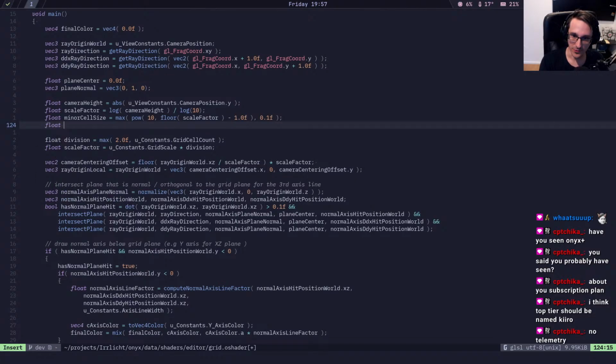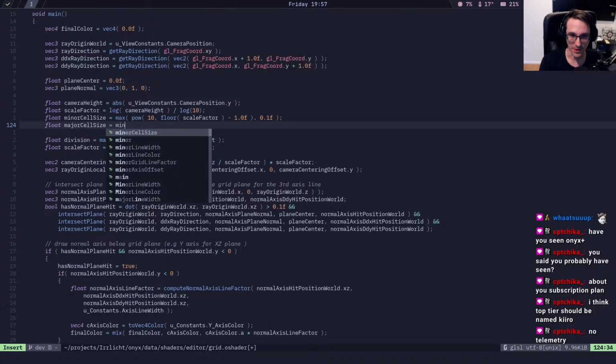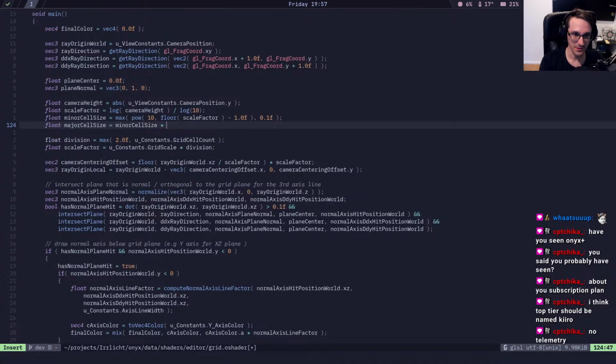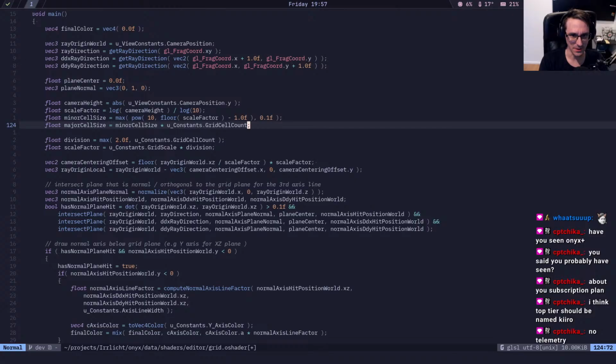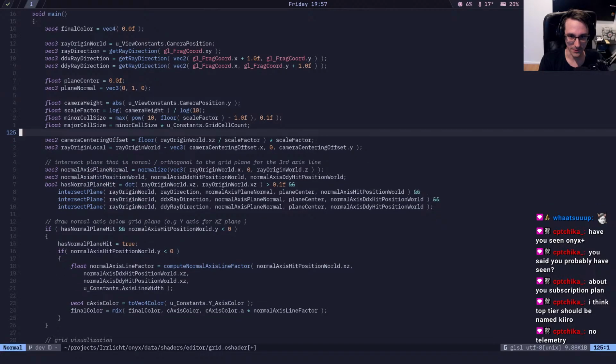And then we do the same for the major size, which is just the minor cell size times, I think, the grid cell count, right? Would make sense, which is basically how many minor cells are in one major cell. And I think we get rid of that, and then this is divided by, I think, the minor cell size, or the major?